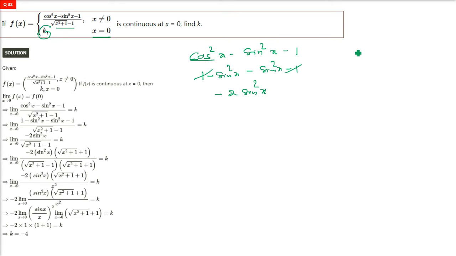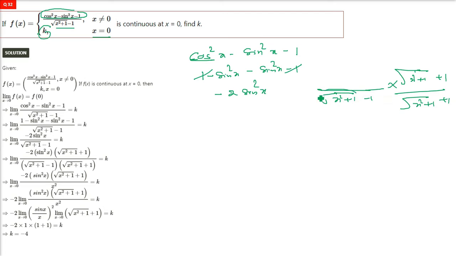Now let's take the denominator. I've just taken the numerator. In the denominator we have to rationalize. Rationalize means we multiply by under root x square plus 1 plus 1 in both the numerator and the denominator.